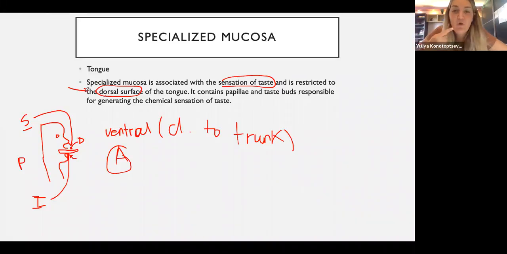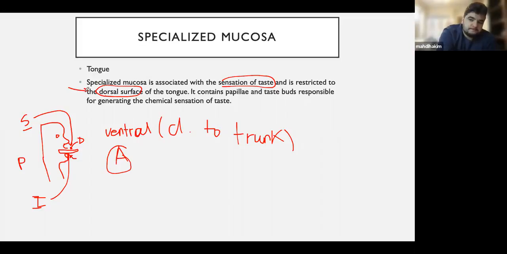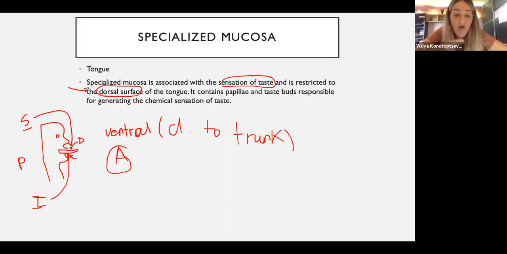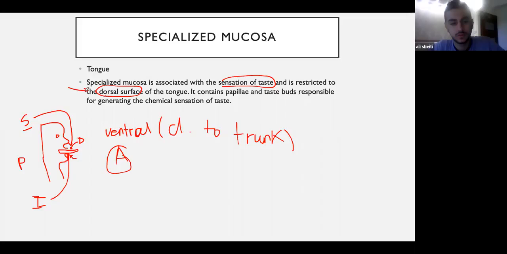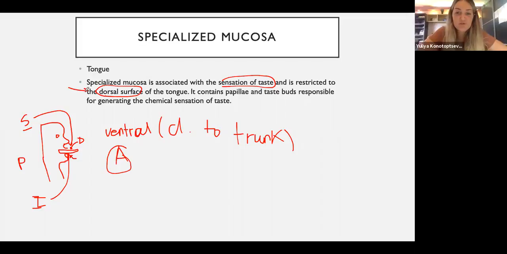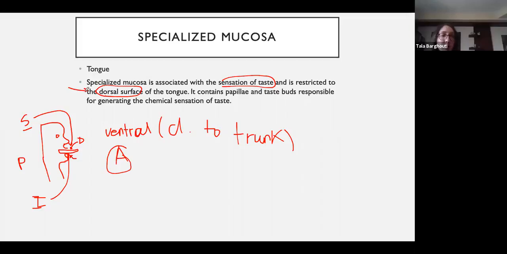So if I lift my tongue right now, which surface was that? Ventral. I point again, this one. Dorsal. Specialized mucosa is located on which surface? Dorsal.